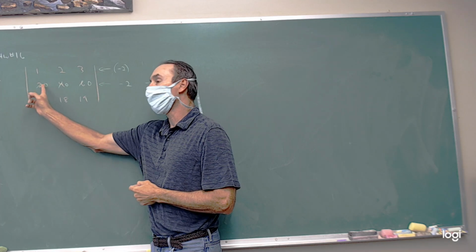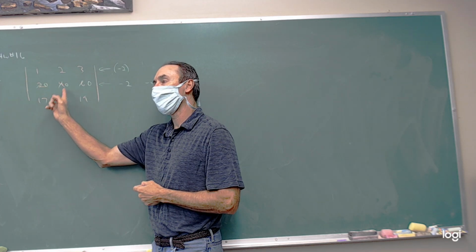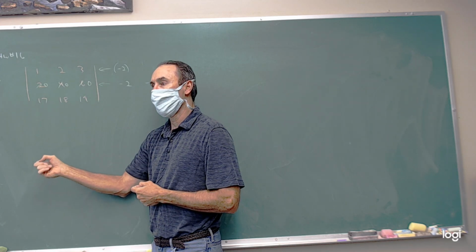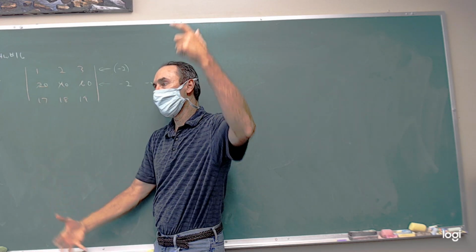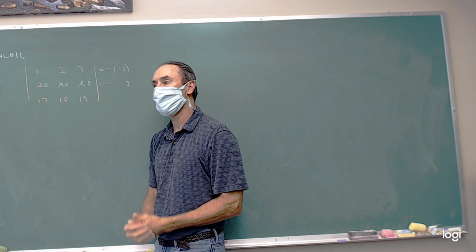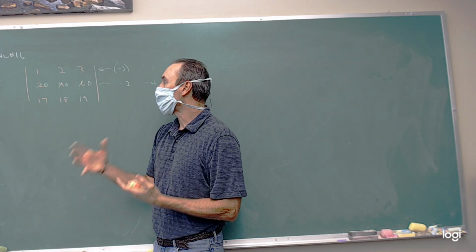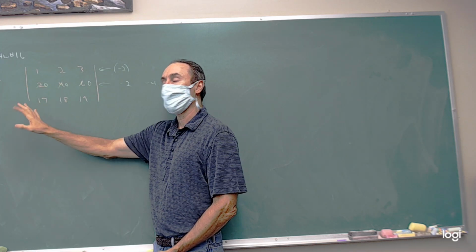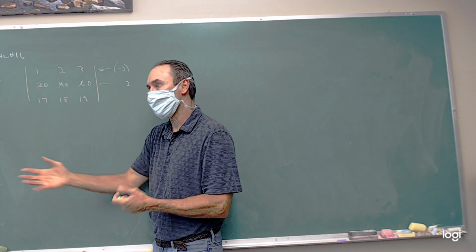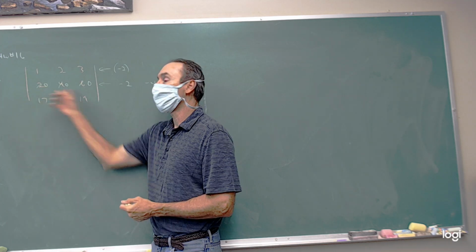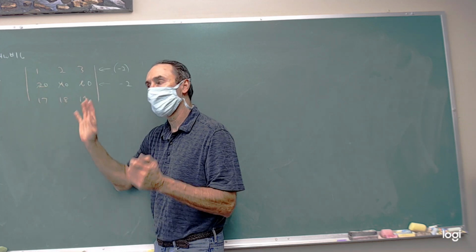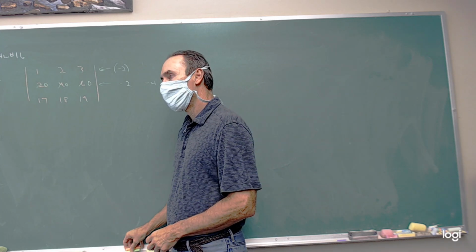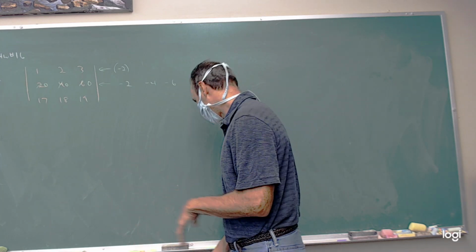We get 0 times its minor plus 0 times its minor plus 0 times its minor, which equals 0. That's true no matter what size determinant you have. So if any row or column is a linear combination, certainly if it's a multiple of another row, then the determinant is 0. That's a big deal too, but not in what we're going to do.